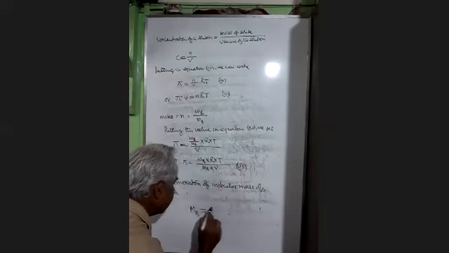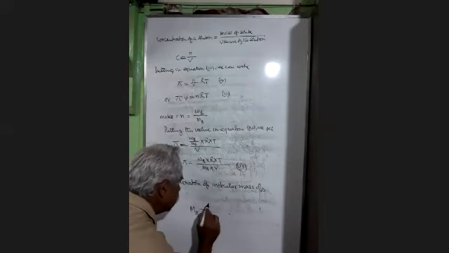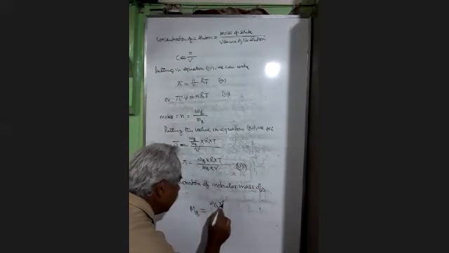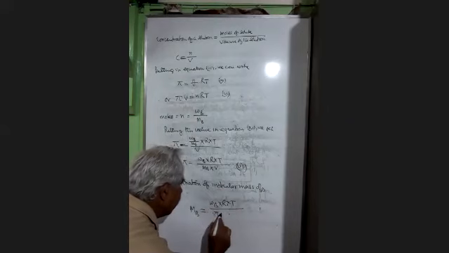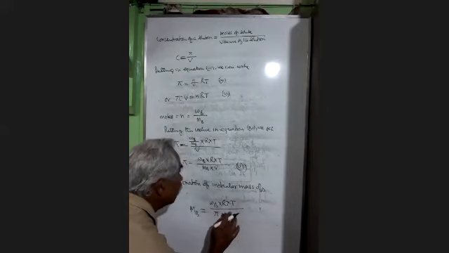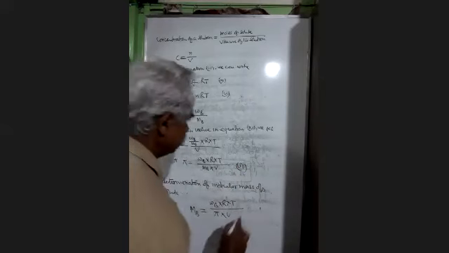MB is equal to what? Pi will go down. It will be WB R into T divided by pi into V. This is equation 6.